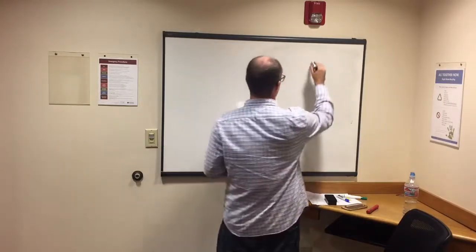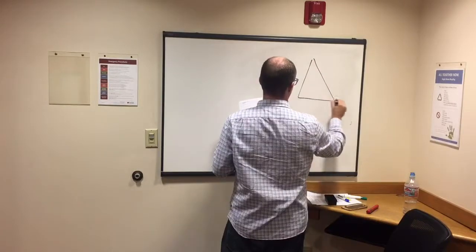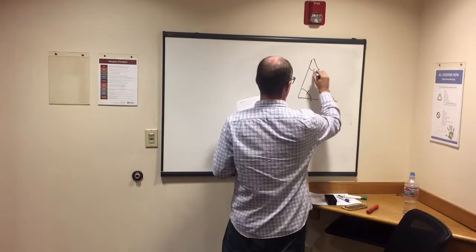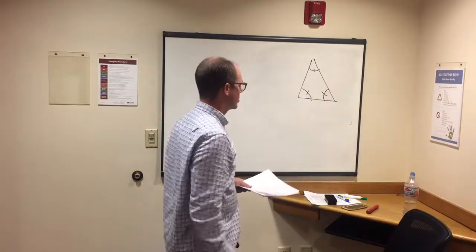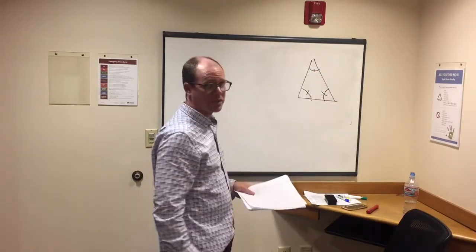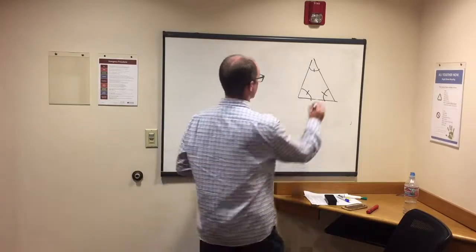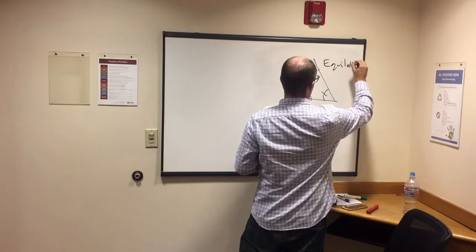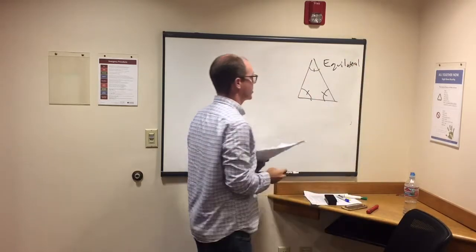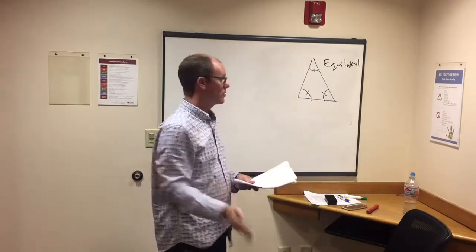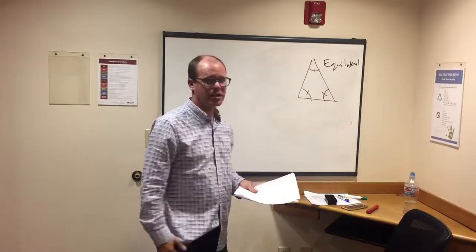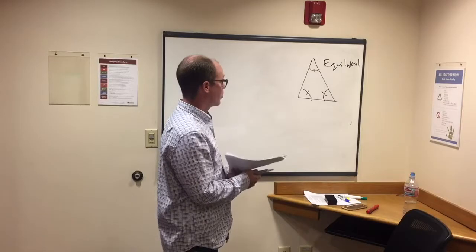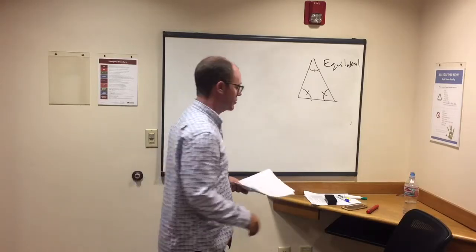And your final one, you'd see a triangle that looks like this. They're all equal, so that means we have three equal sides, an equilateral triangle. So again, with the triangles: equilateral, three equal sides; isosceles, two equal sides; right triangle, two acute angles.